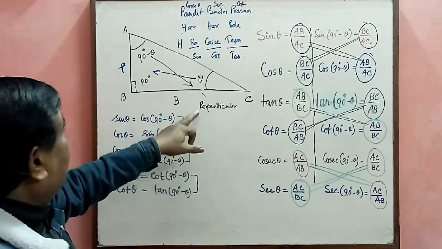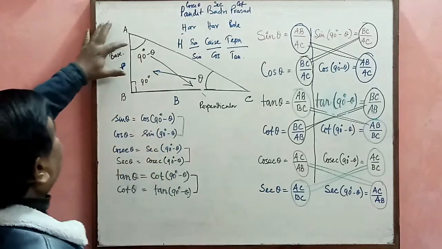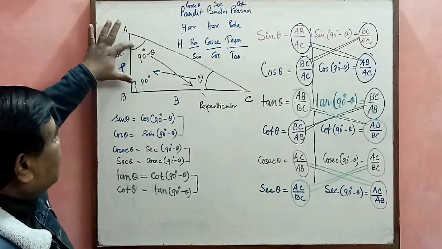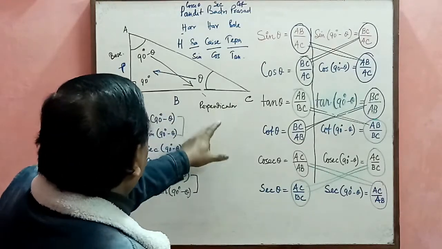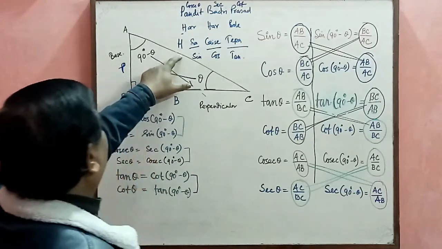So this will be perpendicular and this will be base. For angle A, which is 90 degree minus theta, opposite to angle A is BC. This is perpendicular, this is base, this is hypotenuse.